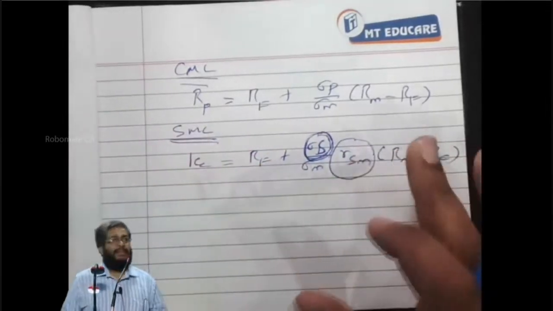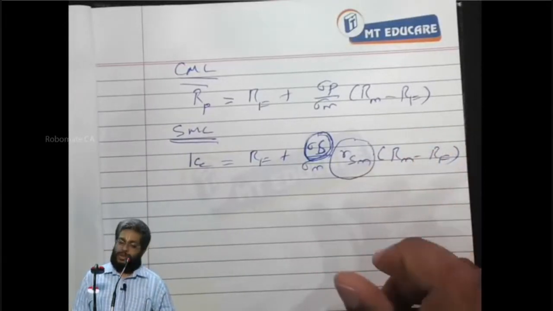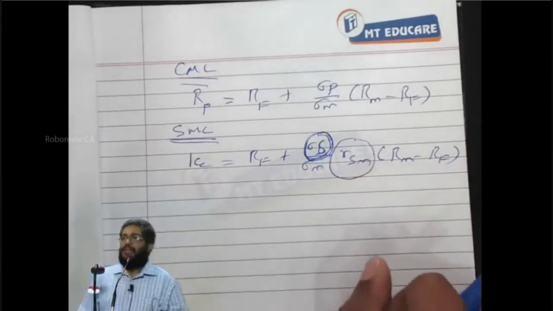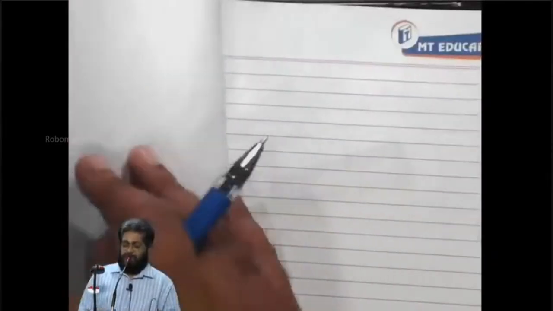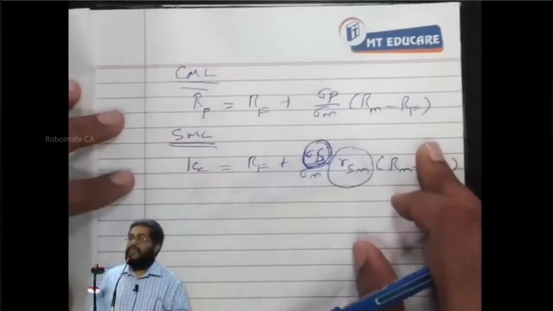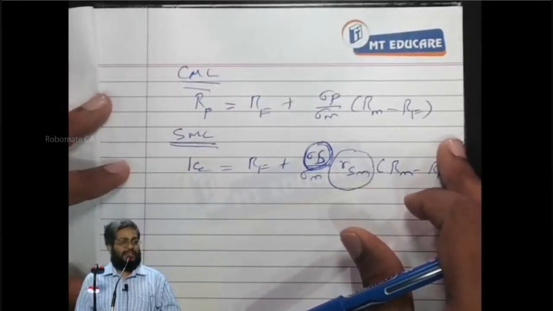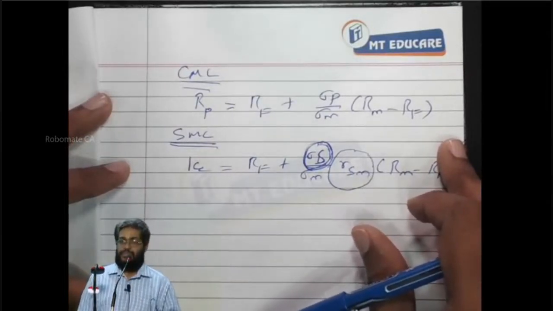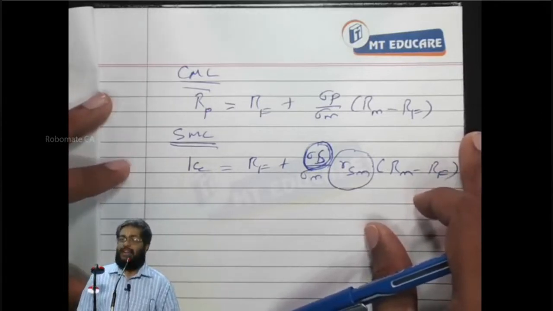Okay, give the heading: Identifying asset underpricing or overpricing using CAPM. Okay, shall we start or not?